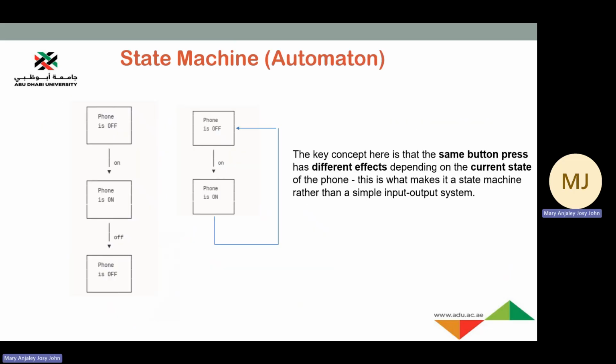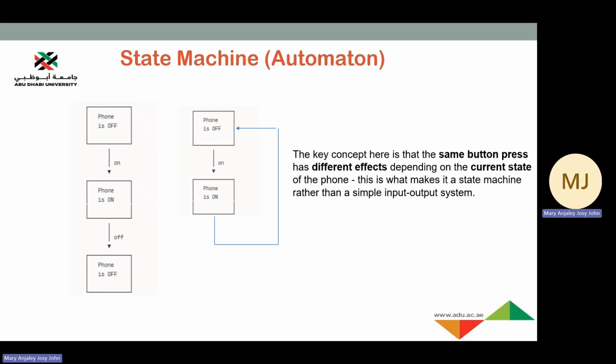This diagram you can draw not with square boxes, but with circles. But this is AI generated. To be very honest, I didn't get time to draw. So instead of square boxes, you can draw circles. That's the most accurate way of doing it. Okay. So when the phone is off, if we press the switch, what will happen? The phone turns on.